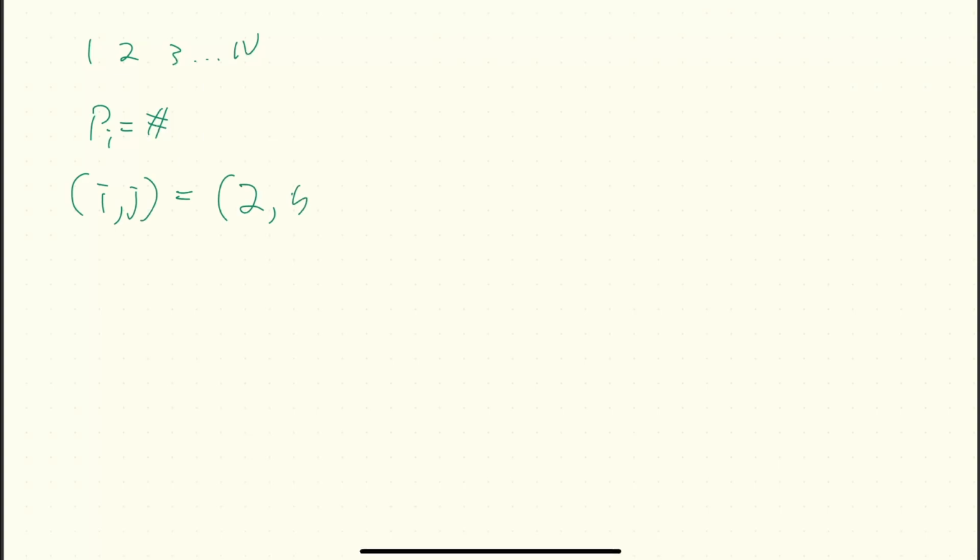2 and 5. Okay? And let's say flowers 1, 2, 3, 4, 5, the number of petals is going to be 2, 4, 3, 5, 6. Let's make this actually 2, 6, and add a 6, which is going to be 7.